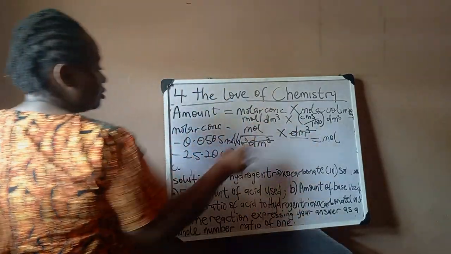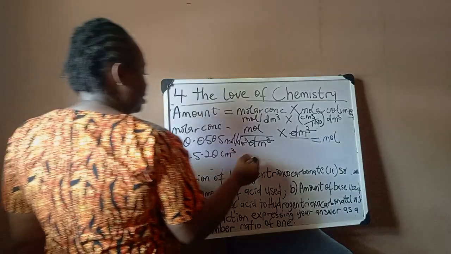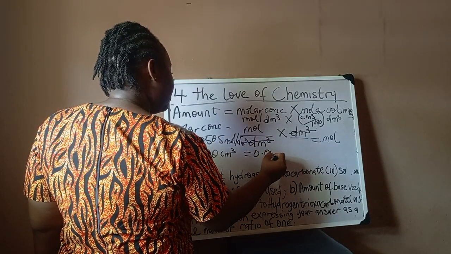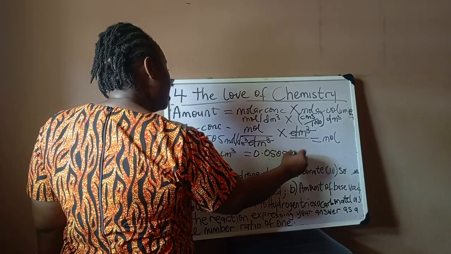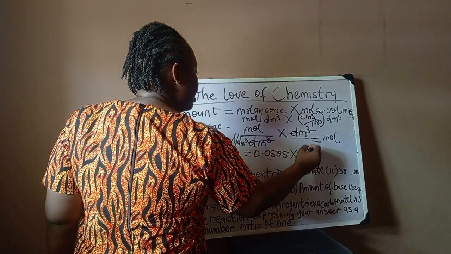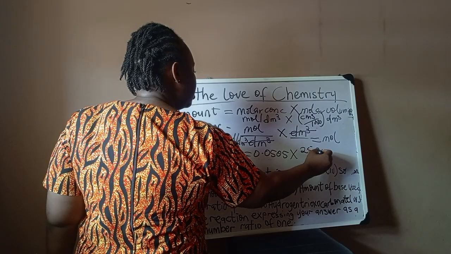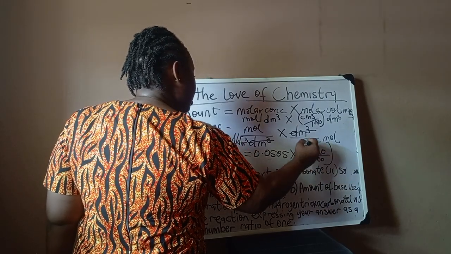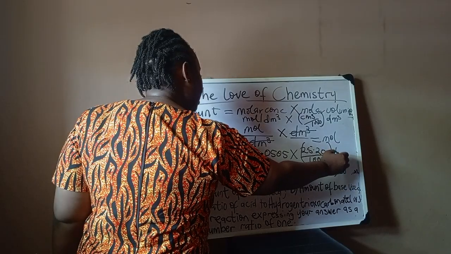So if we put in everything, we have 0.0505 multiplied by 25.20 divided by 1000, all in dm cube.